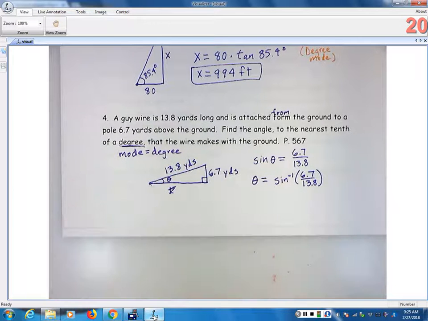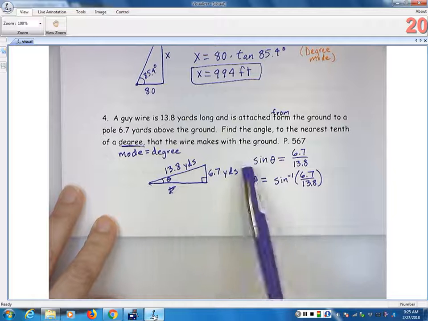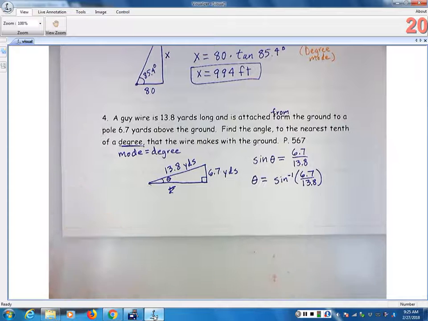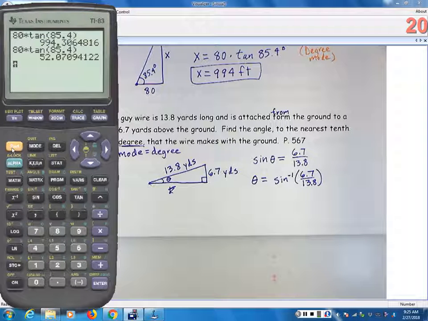Then that's it. So if we want an angle, then these are the steps. This is your work: you draw the picture, you write this, and then you write this, and then you put it in your calculator. Second, inverse sine of 6.7 divided by 13.8.